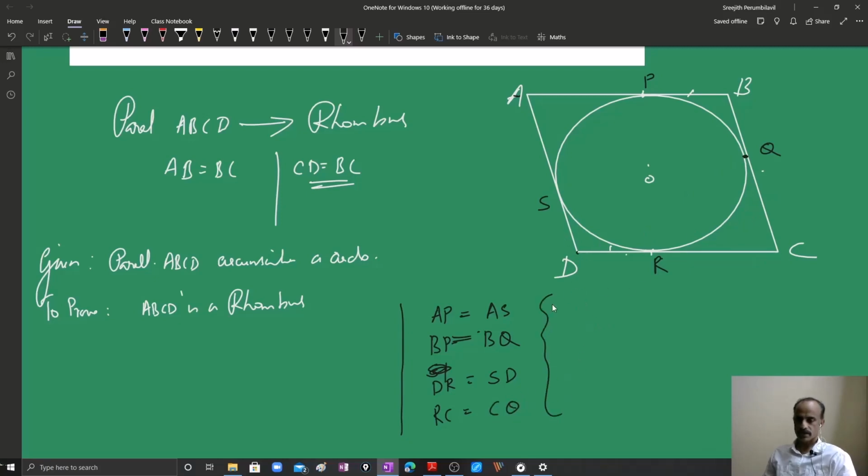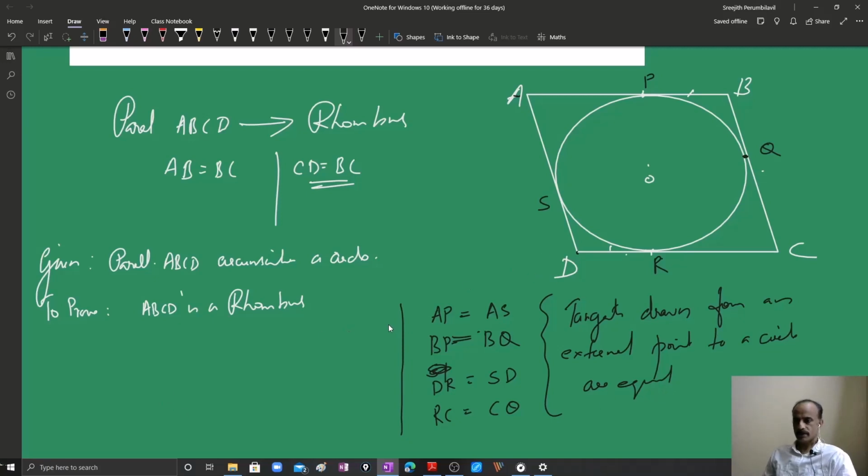When you look at this, these are the tangents. So tangents drawn from an external point to a circle are equal.